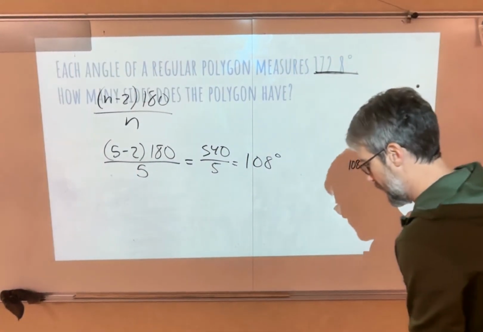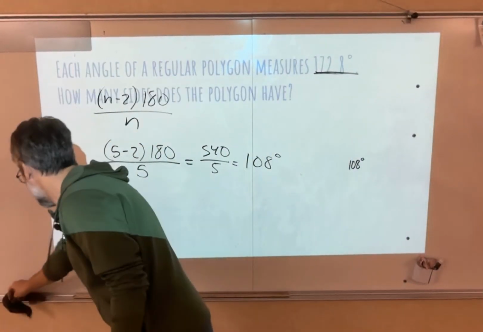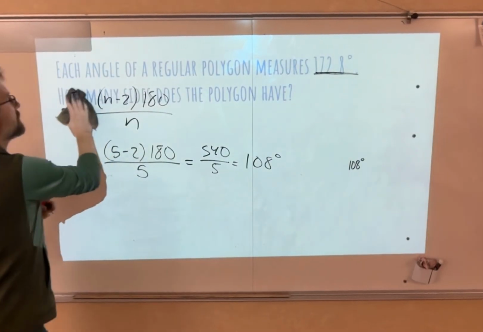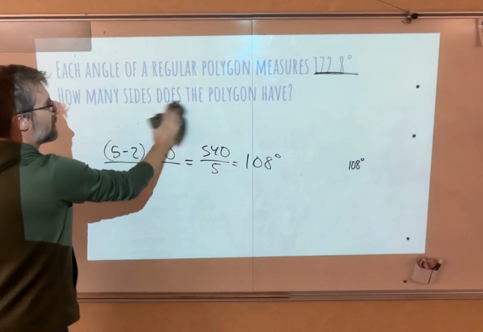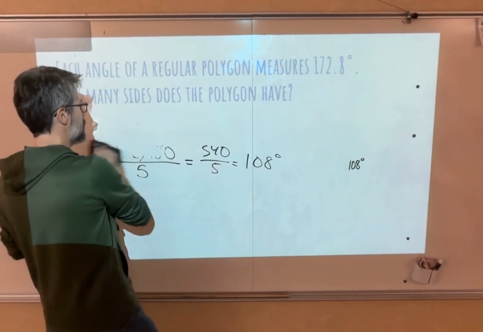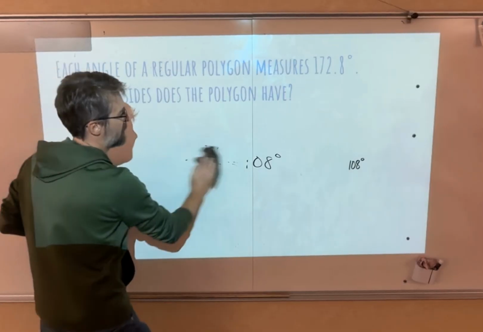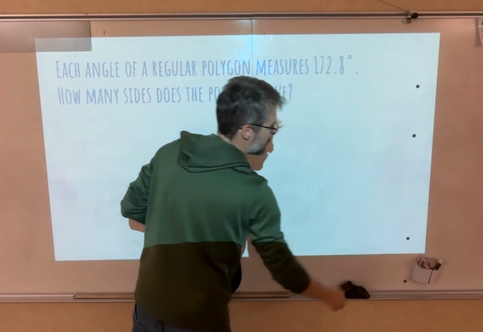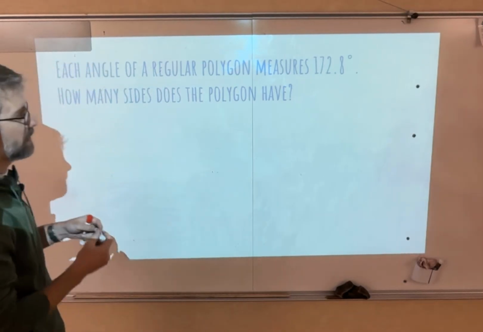Okay, so now this is where it gets a little bit complicated. Now we're going to do one of these problems backwards. So each angle of a regular polygon measures 172.8 degrees. So there are a lot of sides in this because that's just about a straight angle, just about 180 degrees.